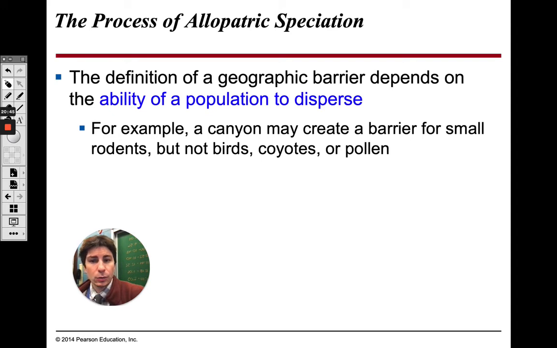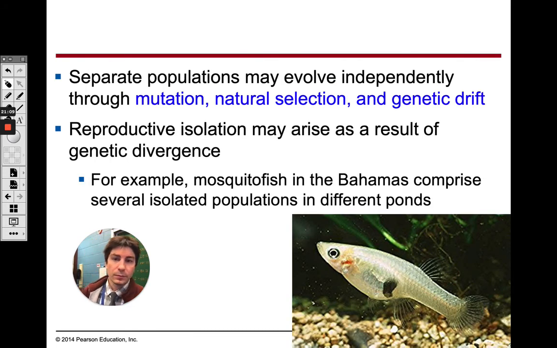With a geographic barrier, the main thing is we have to know if that population is able to disperse, if it is able to intermingle with the other population. If it's not able to get to the other population, then they probably will become two different species over time. So we have some geographic barrier, the species speciates, and we have two different species.